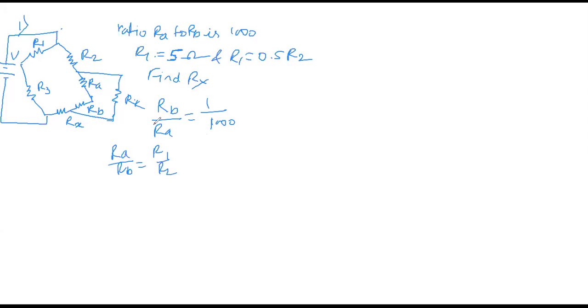Okay, this is known to us. So what condition do we have from the diagram? If we observe the diagram, then we can write RB divided by RA is equal to Rx divided by R2.